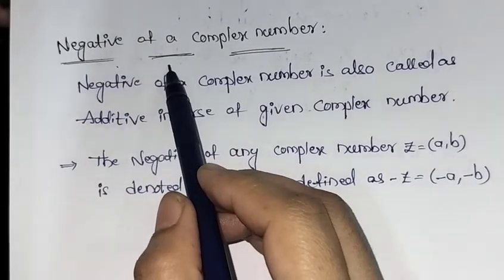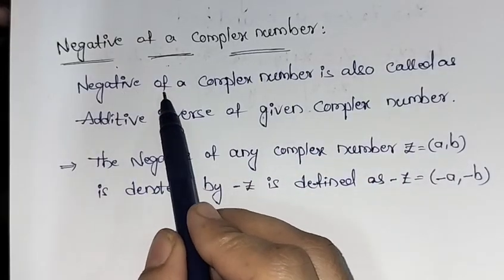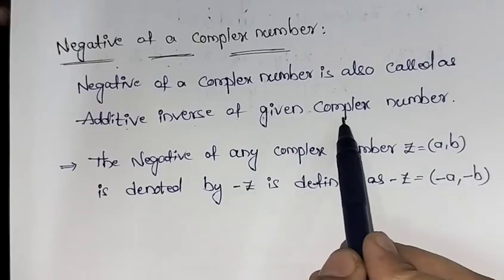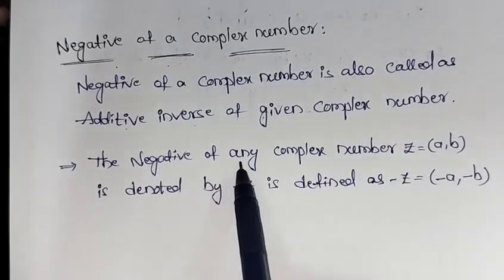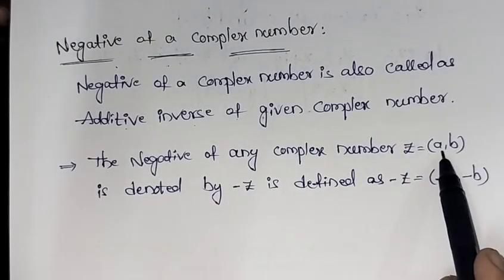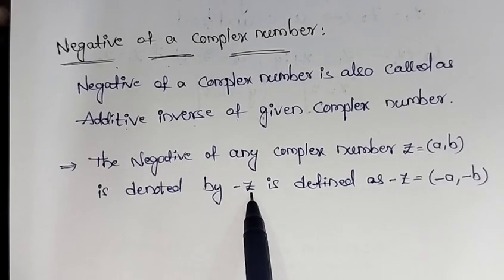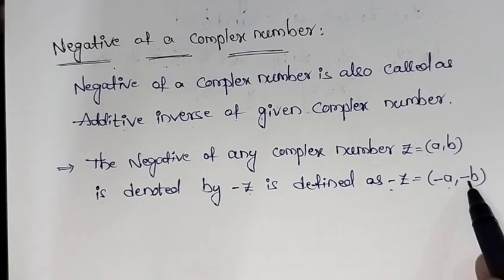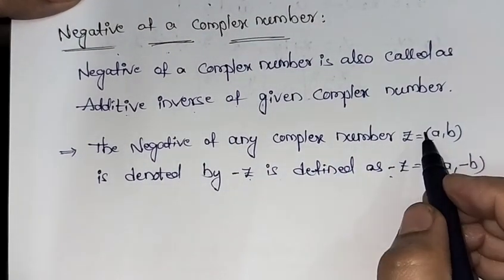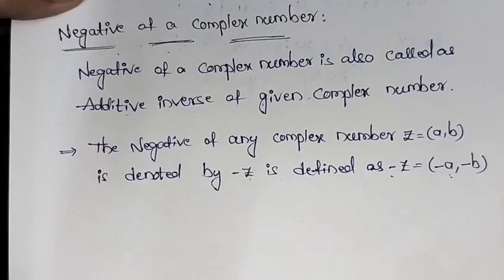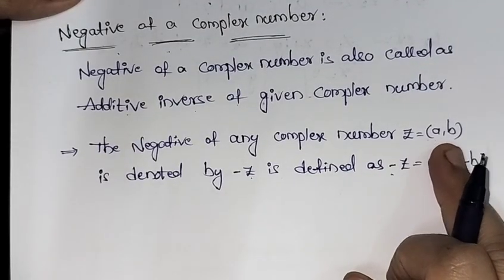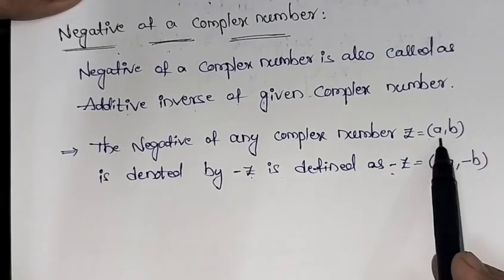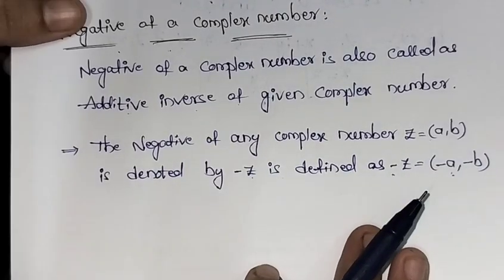Negative of a complex number. Negative of a complex number is also called the additive inverse of the given complex number. The negative of any complex number z equal to (a, b) is denoted by minus z, and is defined as minus z is equal to (minus a, minus b). Just change the sign here. Plus z is equal to (a, b), minus z is equal to (minus a, minus b). This is in the form of ordered pair. You can write in a plus ib form.